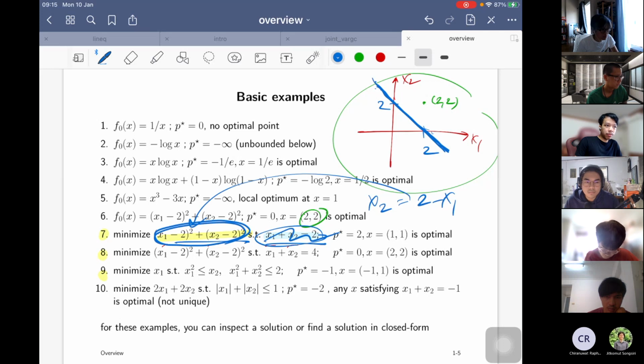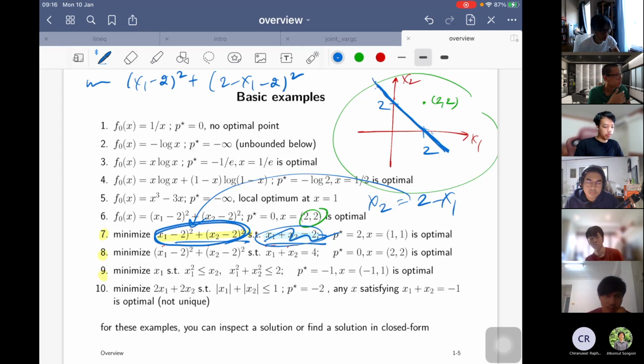Now it's a function of x1 only: 2 minus x1 minus 2. You get rid of the constraint and it becomes an unconstrained function in terms of x1. Now you can solve it. Please verify that p star is 2 and x equals 1, 1 is optimal. This is one of the techniques we will see too. This is called the constraint elimination method.